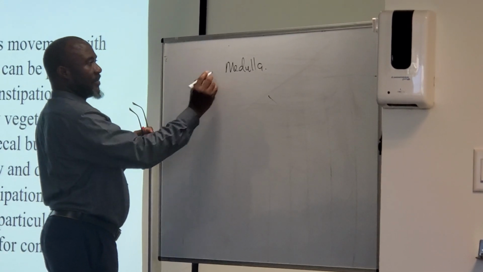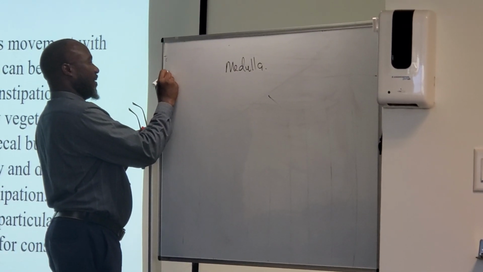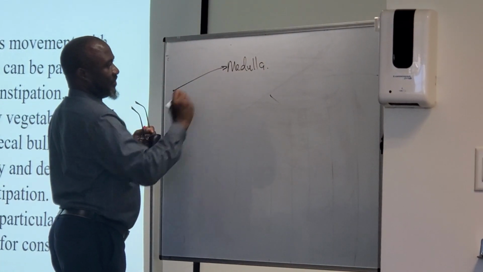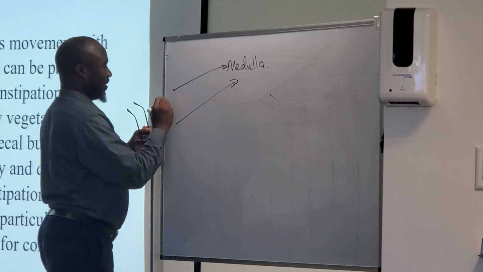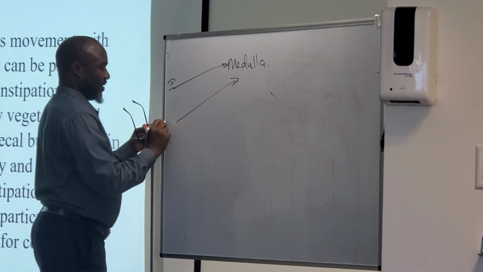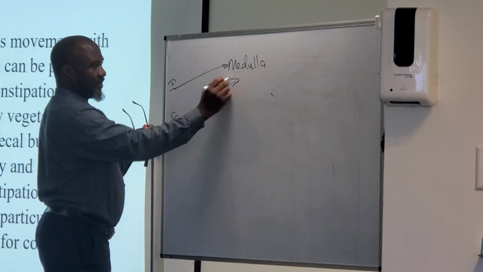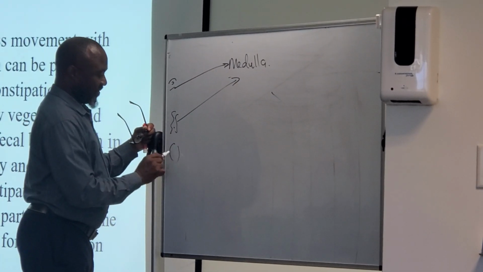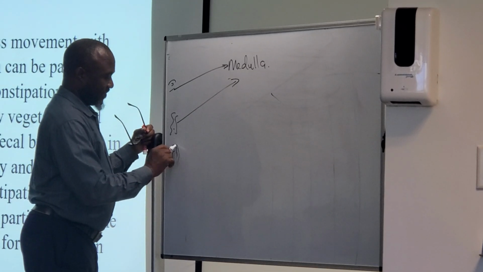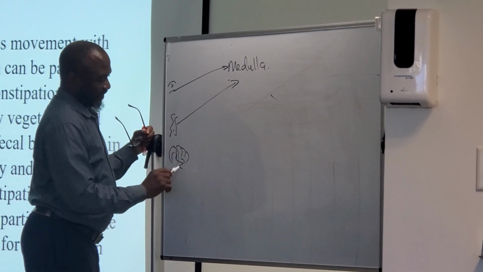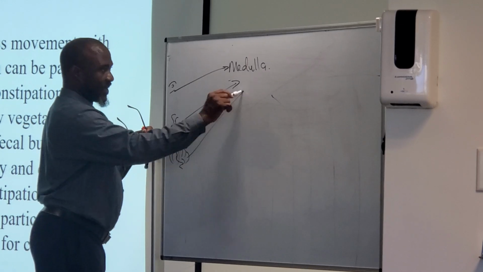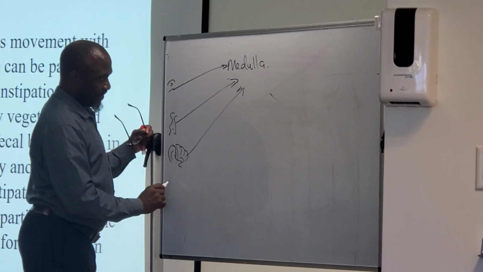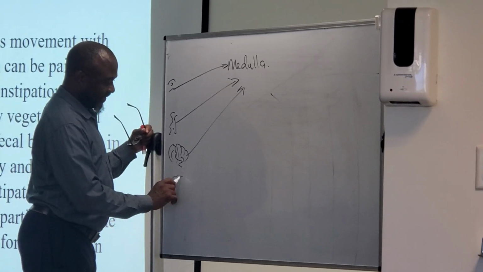Now, the medulla is here. For the eyes and the GIT, they will send information to it. Then the inner ear, the vestibular apparatus, can also send information. And then the next one is the CTZ.